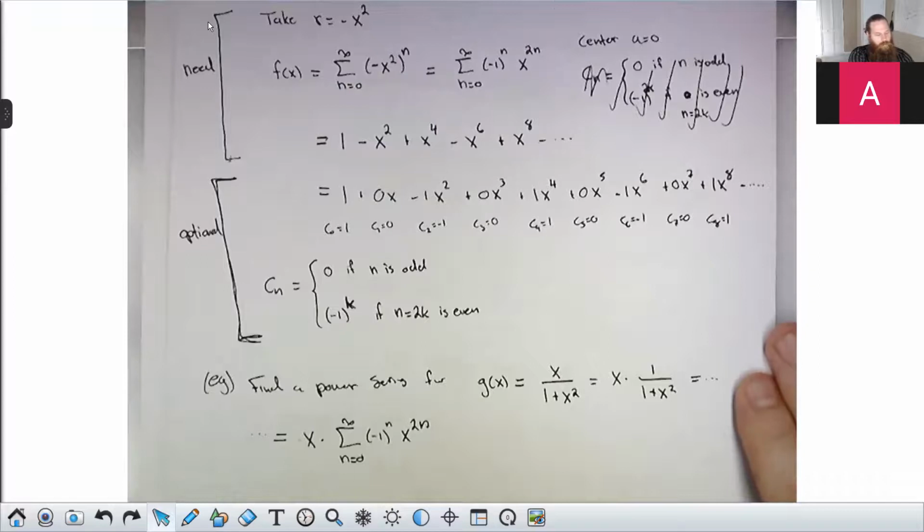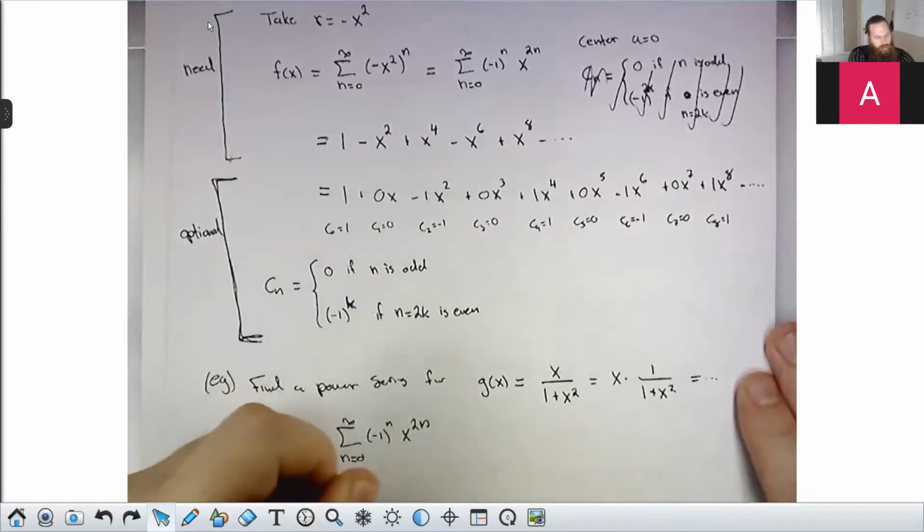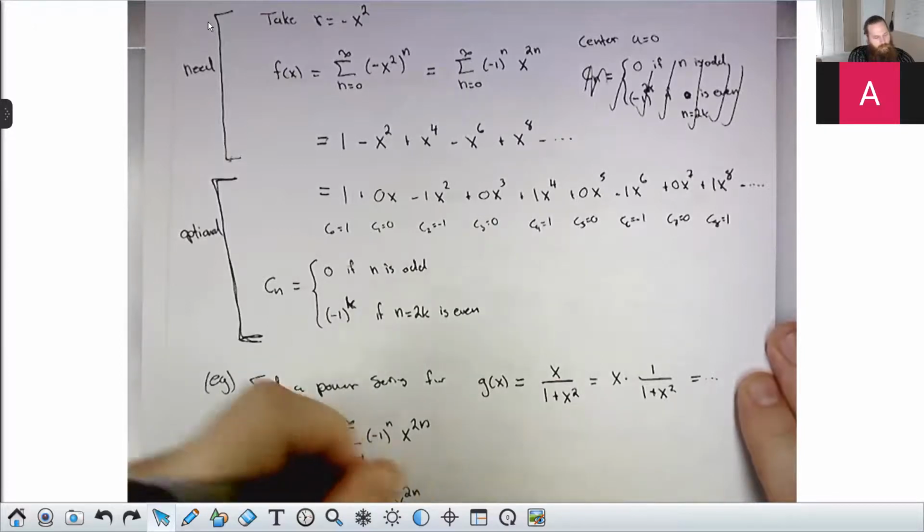And now the reason I'm showing you this is because I want to show you what we can do with this x. This x doesn't have any n's in it. It's just an x. So with respect to the series, this is a constant, which means it can move in and out of the series at will. So I can shove that x inside the series. This is now x times negative 1 to the n, x to the 2n.